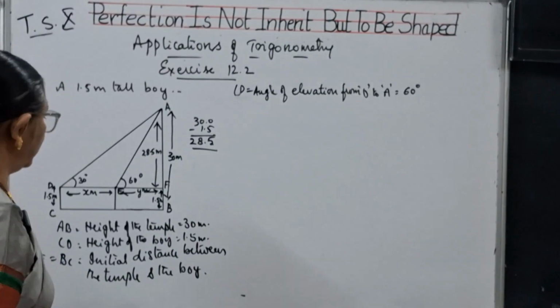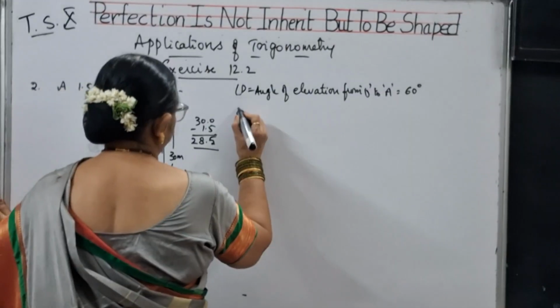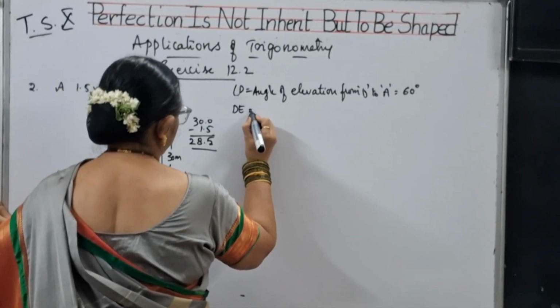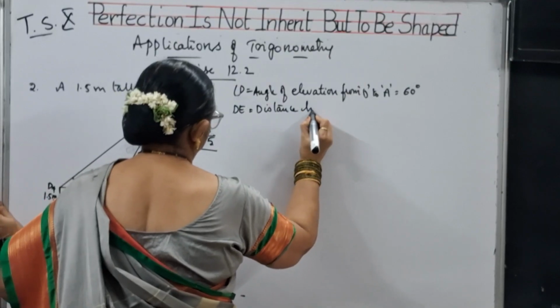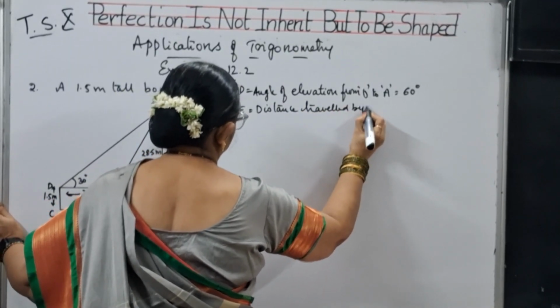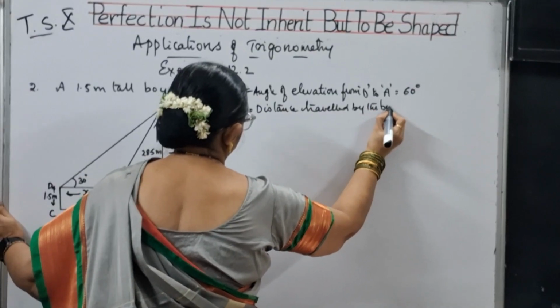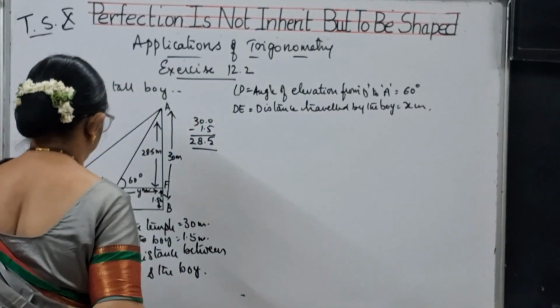DE is the distance traveled by the boy, which is equal to x meters.